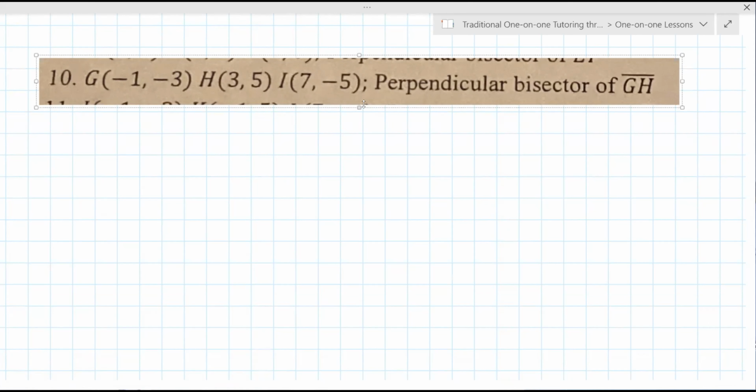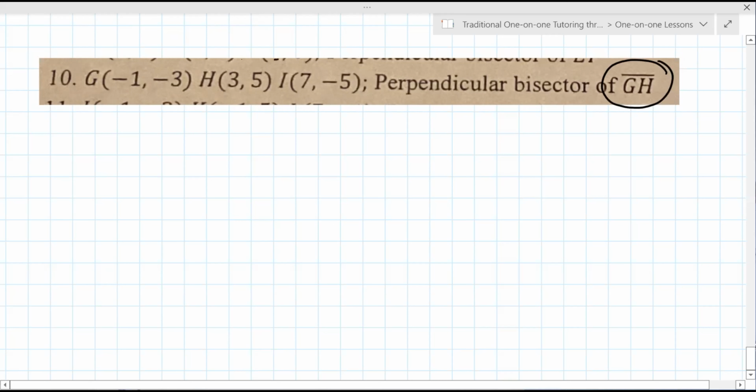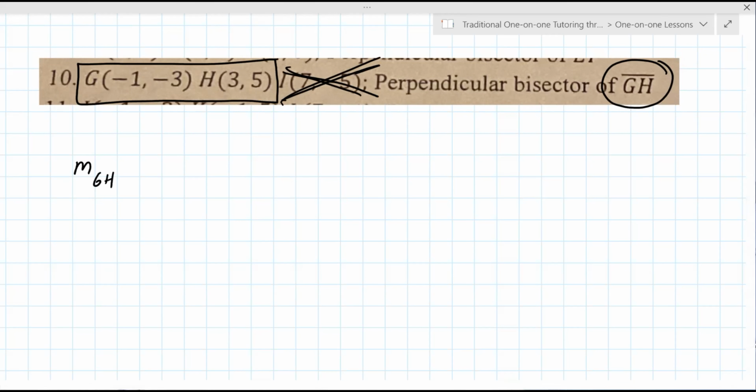So this time I am not going to draw the triangle, because these two letters tell us the two letters that we care about. We don't care about that one. We won't use it at all. All right. So with G and H, we need now the slope from G to H. The only thing that the graph helps with is knowing left to right, right to left, but the slope formula actually takes care of that.